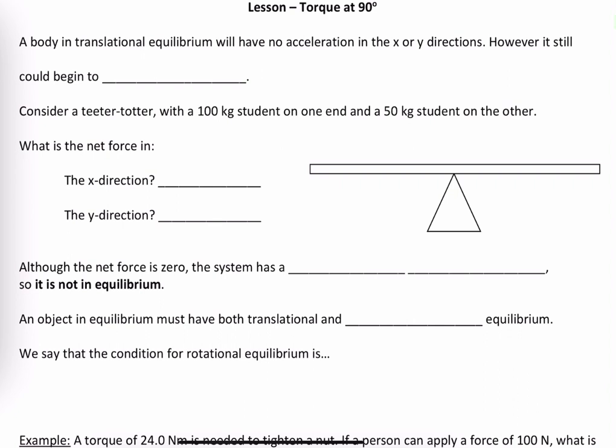So in addition to translation, there's rotation, where an object can more or less stay in the same location, but just kind of twists in a circle or some other shape without actually moving. It rotates. And it turns out that objects can rotate even if the net force is 0. So from here on in, saying the net force is 0 means that an object at rest won't start to translate, but it doesn't mean it won't ever move. It could start to rotate.